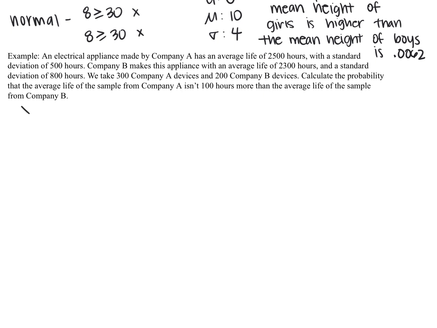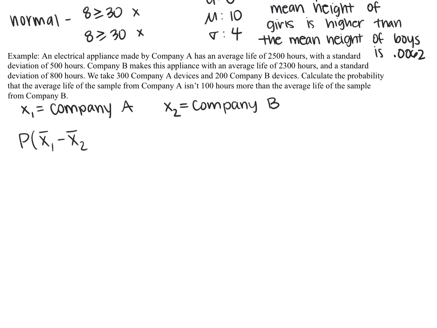So I'm going to have X1 be Company A and X2 be Company B. Okay. So for my probability statement, I'm looking at the difference in their means, and we want to check that the average life from Company A isn't 100 hours more than the average life of sample B, which means that their difference is less than 100.